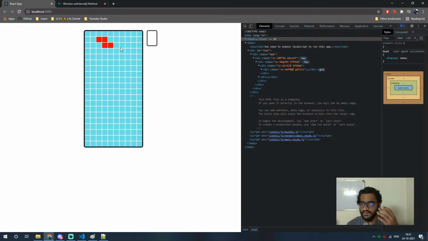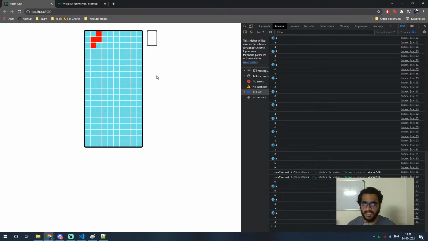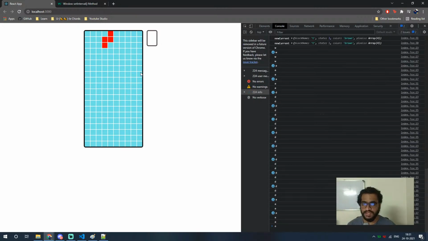The whole controls, that is, when I press W, it rotates, and when I press A, it moves left, and when I press D, it moves right.